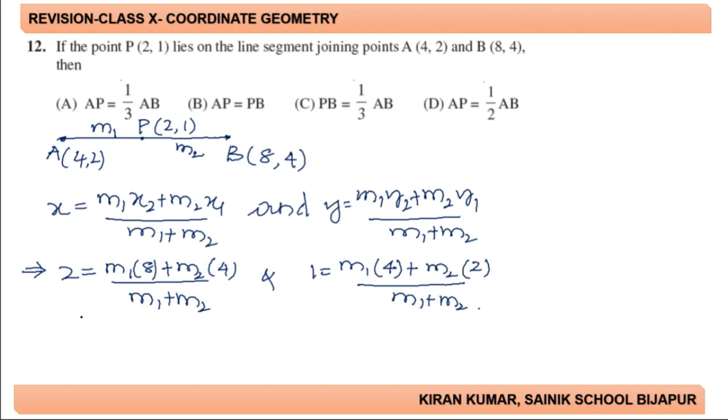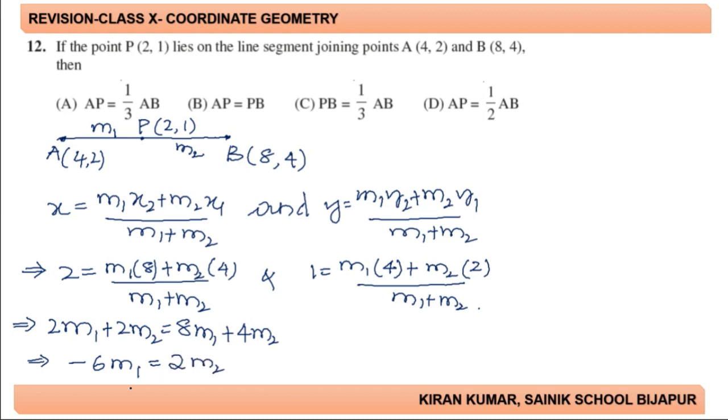So what we obtain here upon cross multiplying, we'll be getting 2 times m1 plus 2 times m2 equal to 8 times m1 plus 4 times m2. When we transpose m1 to one side, we'll be getting negative 6 times m1, which is equal to positive 2 times m2.